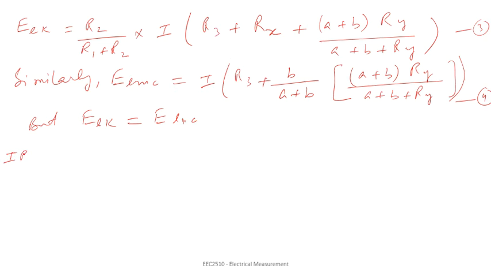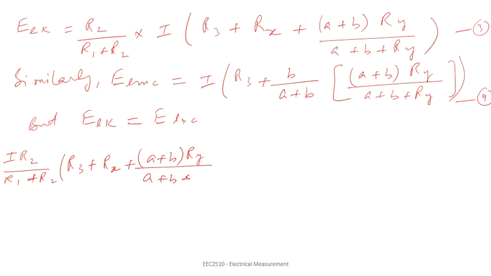I R2 over R1 plus R2 times (R3 plus Rx plus (A plus B) times Ry over (A plus B) plus Ry). So you just have to equate these two equations, that is E_LK equals E_LMC.